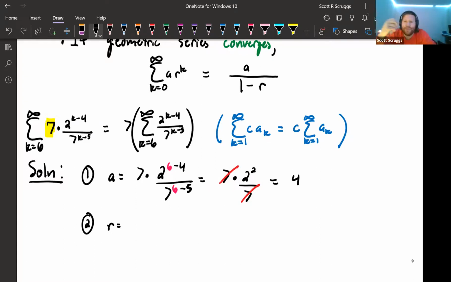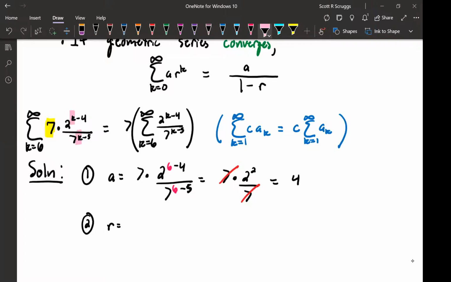So now step 2. What's my common ratio for your series? 2/7. 2/7, right. The K's appear at the exponents with a 2 and with a 7.